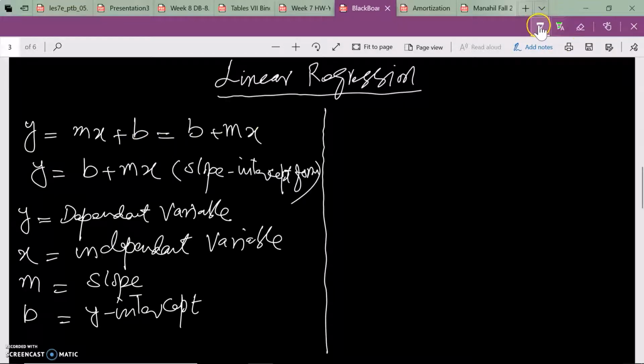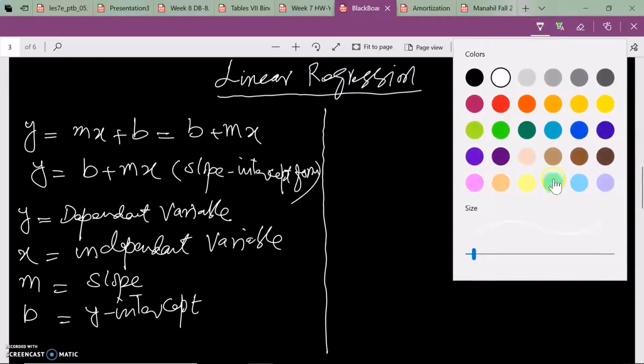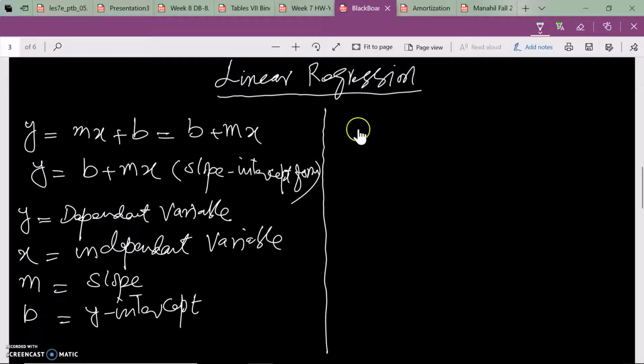So now what I'm going to tell you is what form this equation takes in regression and correlation. We have y equals b sub 0 plus b sub 1 x, and we put a hat on top of the y. I will tell you why we put a hat. This is called y hat.